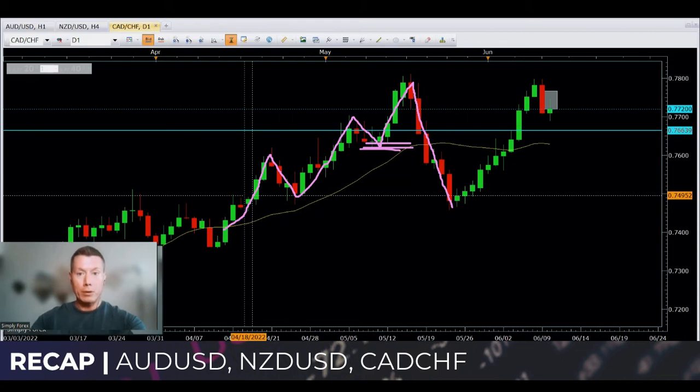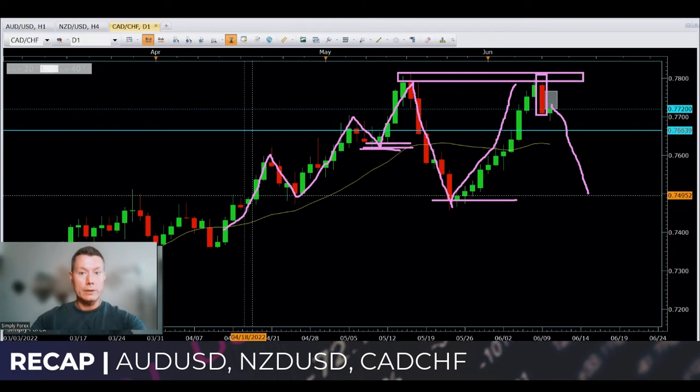Then price comes all the way back up and tests the last high, and we have a very bearish candle form. So for all of those reasons, guys, I was looking to short this market, potentially down to this blue line, even back to these lows.